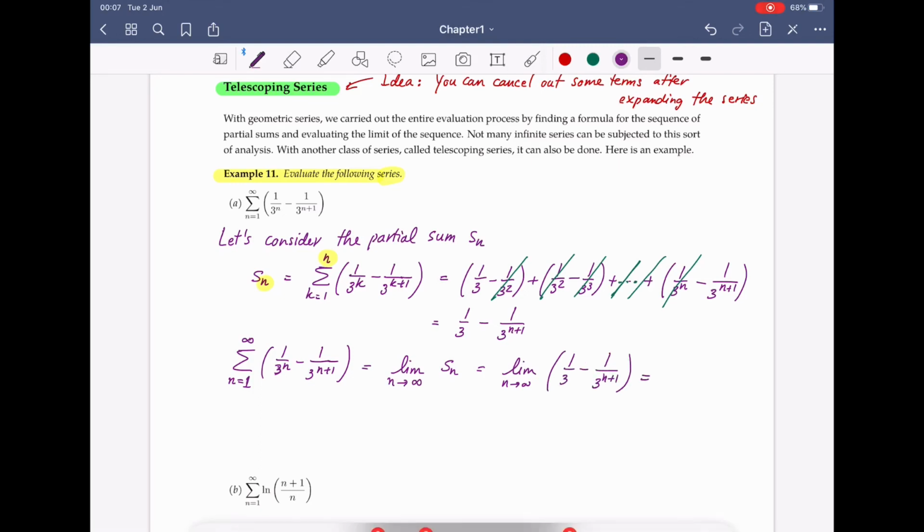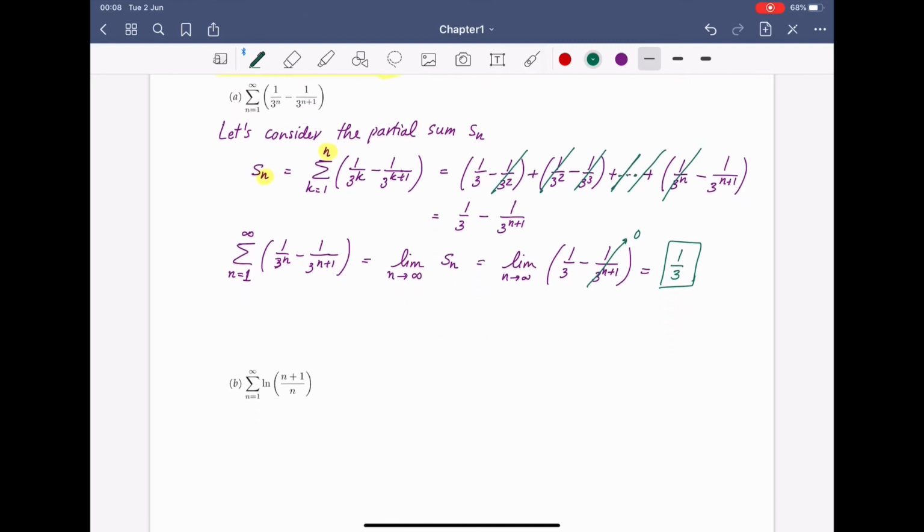So the limit here goes to 0. So what you have left is just 1/3, and that is your answer. Right? You feel better?